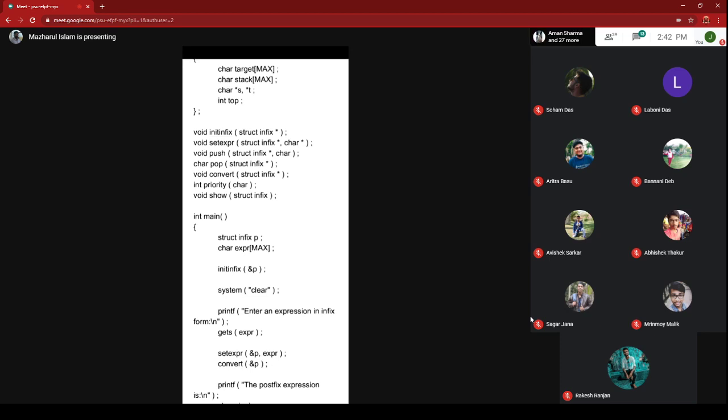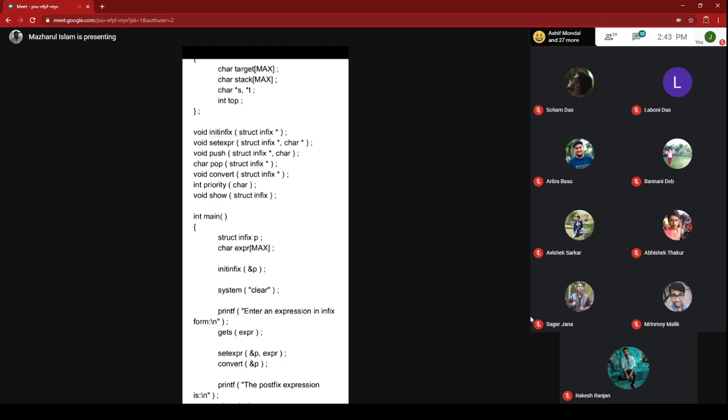The convert function finally converts the infix to the postfix expression. The priority function gives you the priority when you compare two operators, telling which has the higher priority. And void show will print on the screen the postfix expression.